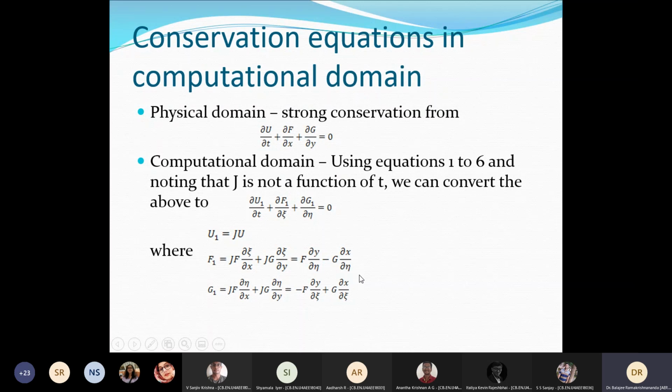Because J into dou zeta by dou x is dou y by dou eta and so on and so forth. So you can write F1 like this and G1 like this. That's it. You have written all the equations in the computational domain if you do that. That's all. Simple, right? If you know how it's done, it's very simple.